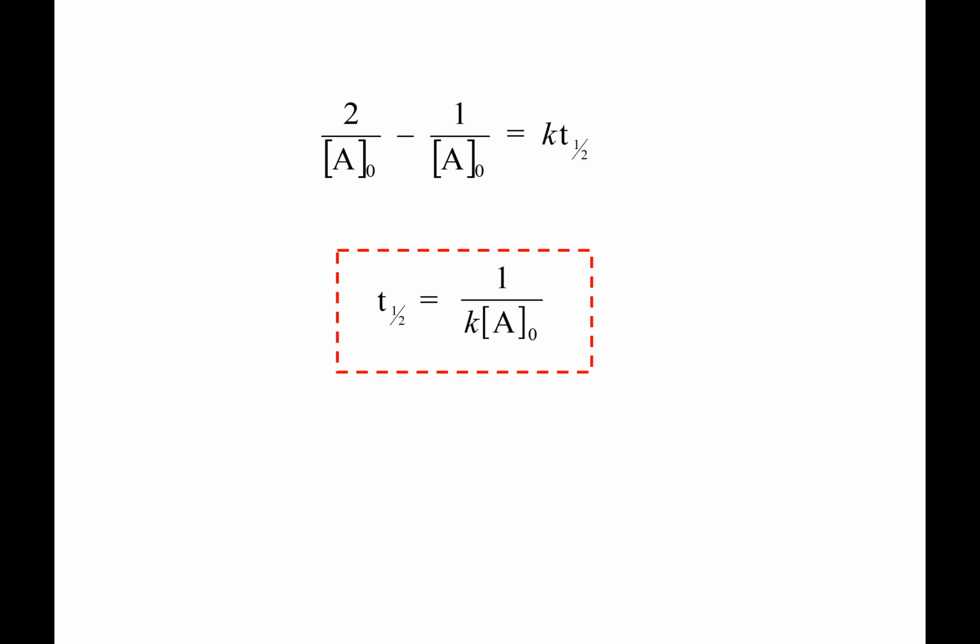And then solving for the half-life, the half-life is equal to 1 over k times A0. So for second order reaction kinetics, the half-life is equal to 1 over k, also with your original concentration in the denominator.